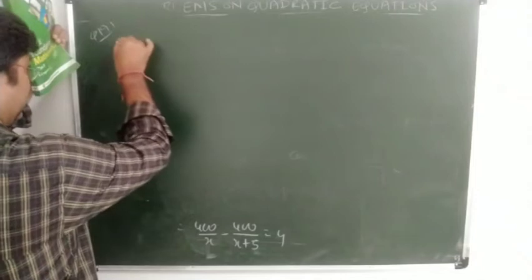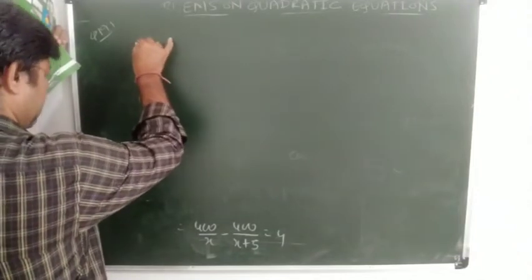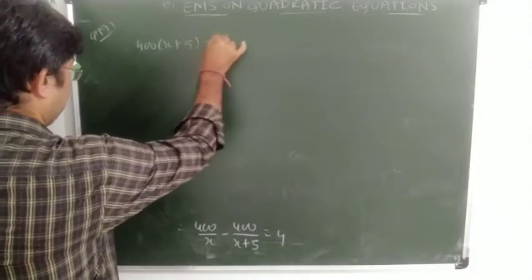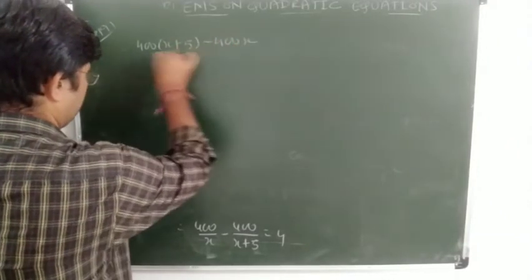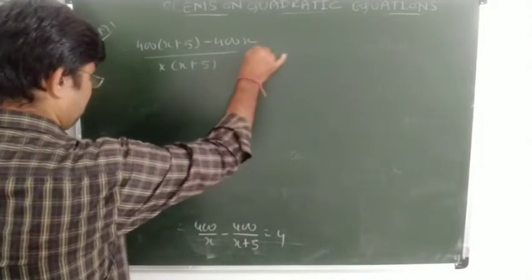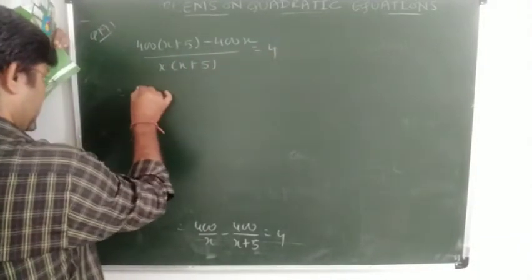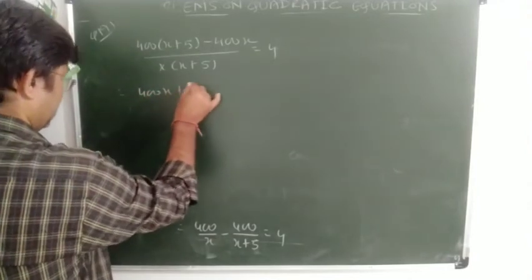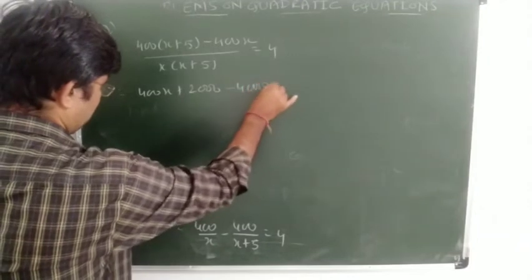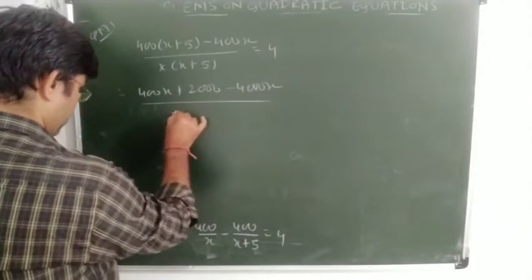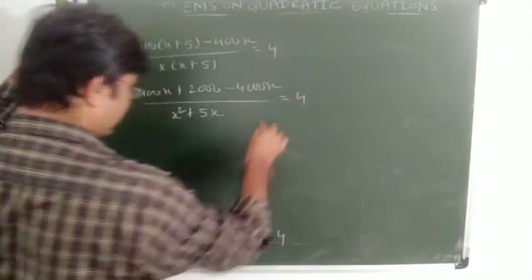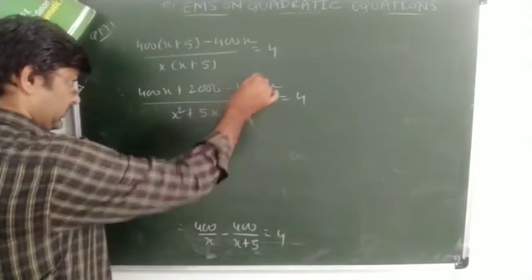Okay, therefore 400 into x plus 5 minus 400x, upon x into x plus 5, is equal to 4. Therefore 400x plus 2000 minus 400x upon x square plus 5x is equal to 4.